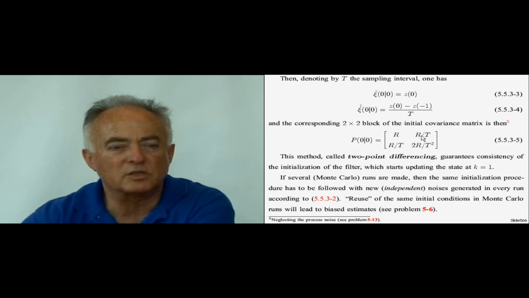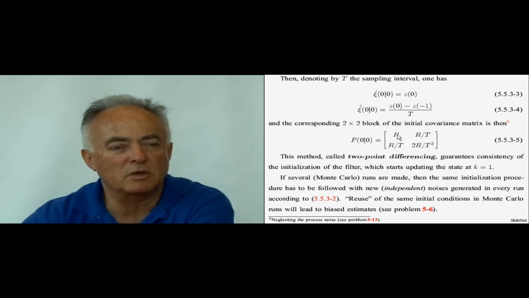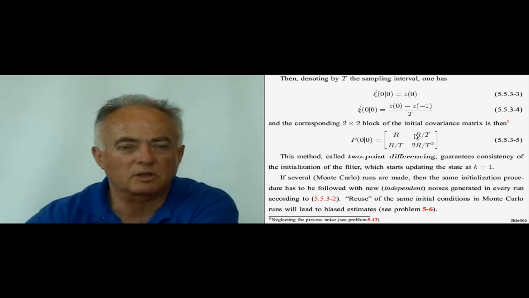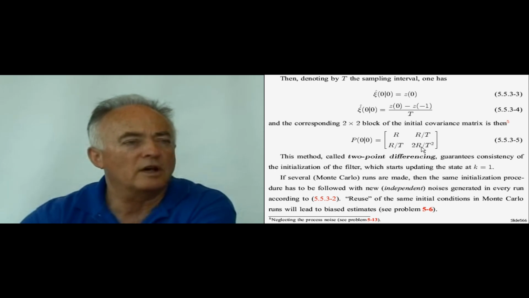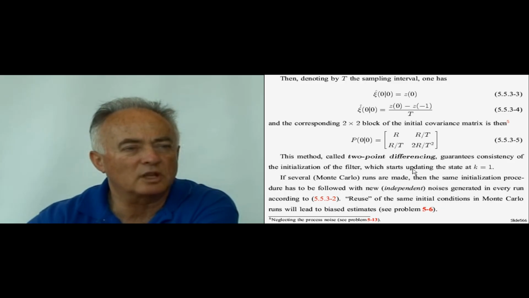So the covariance between the position estimate and the velocity estimate at time 0 is R over T, because a noise comes from here, divided by T, so that's the expected value of the product of the two errors, which is R over T. And then we are guaranteed consistency in the initialization of the filter, and we start updating the state at k equal 1.